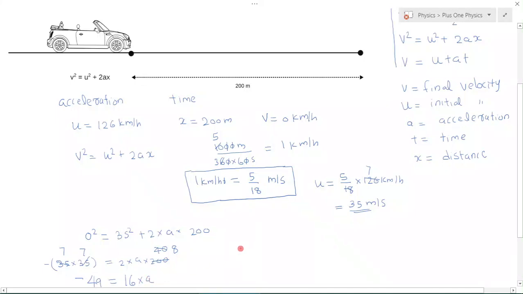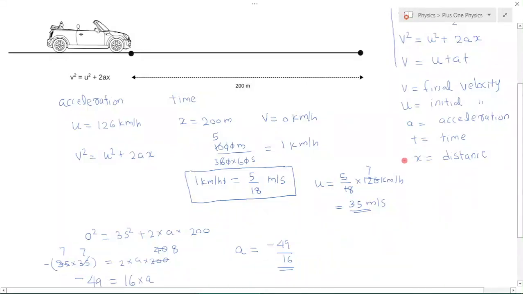So the acceleration a is minus 49 divided by 16. The minus part is because this is what is called retardation. The name retardation actually means negative acceleration. So the acceleration is negative. That's the thing we can understand from here.